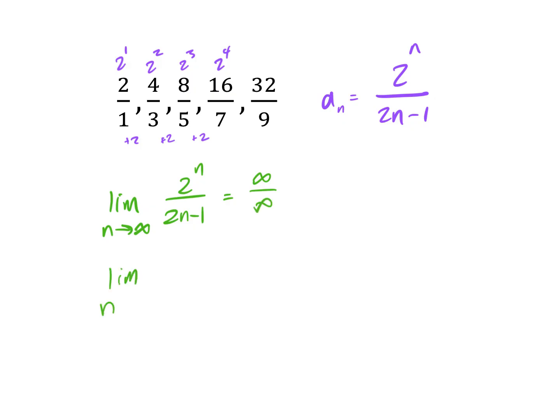So L'Hopital says I can take the derivative of the top, 2 to the n ln 2, and the derivative of the bottom, so this sequence diverges. Everybody good?